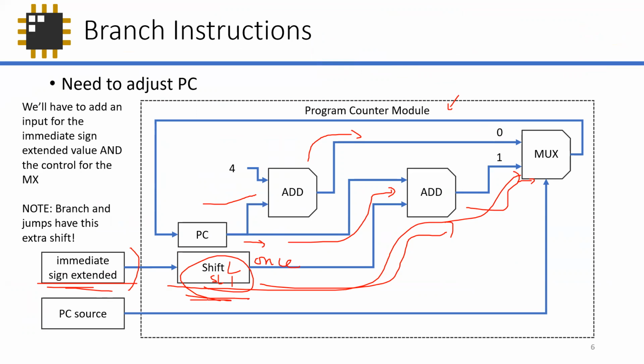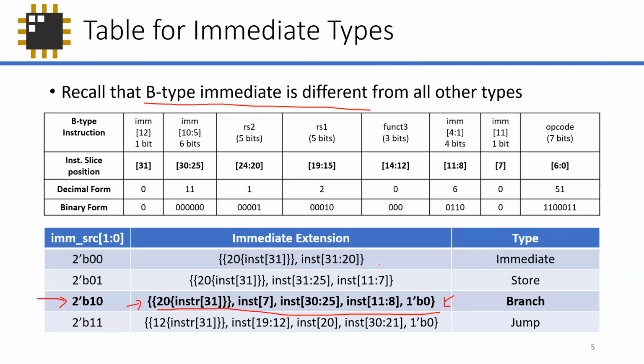Okay, long story, but I hope it makes sense. Yes, sir, on top of the magical zero, shift left once. Yes, correct. Very, very good, very observant. On top of this magical zero, you have to shift left one more.